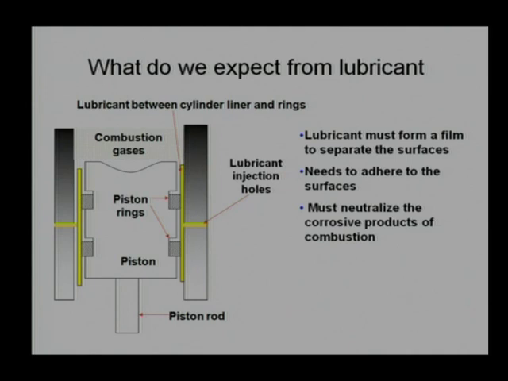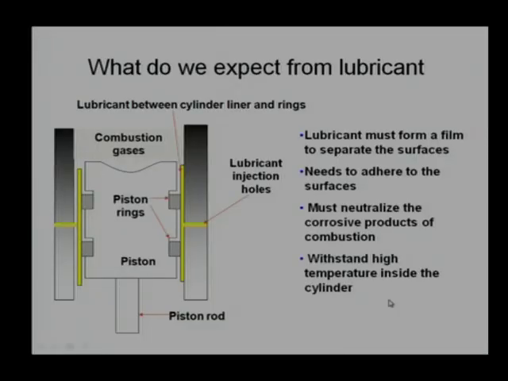So, we need a lubricant which neutralizes these corrosive products, or more like gives them a cage, so that the corrosive products are not free to disturb the other IC engine parts.